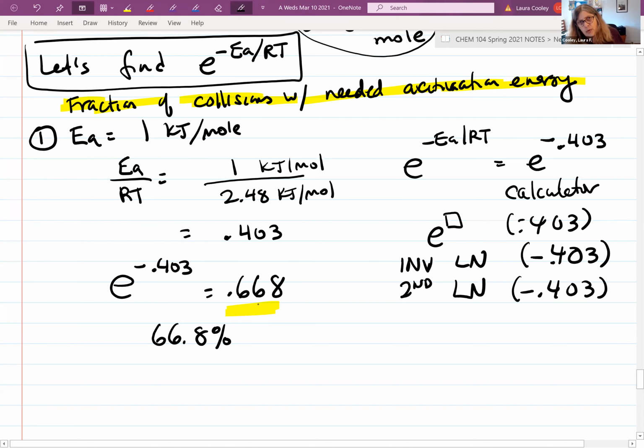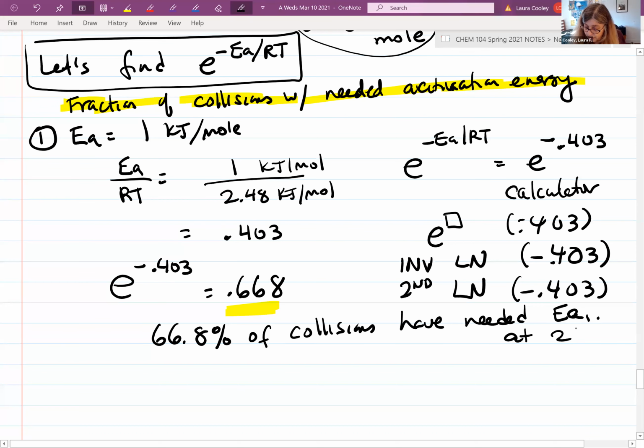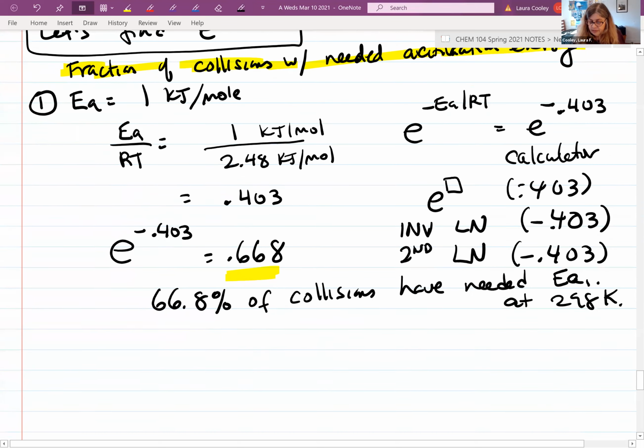Just move the decimal point by 2 places to make it a percent. That's the percent of collisions that have the needed activation energy at room temperature at 298 Kelvin.